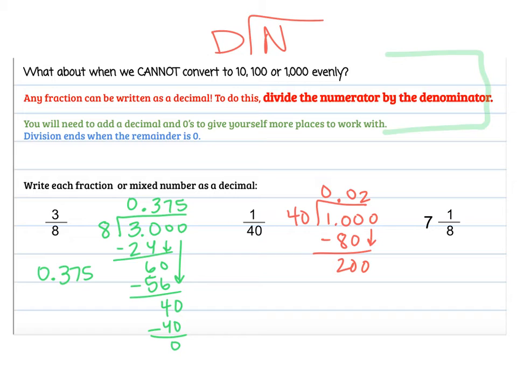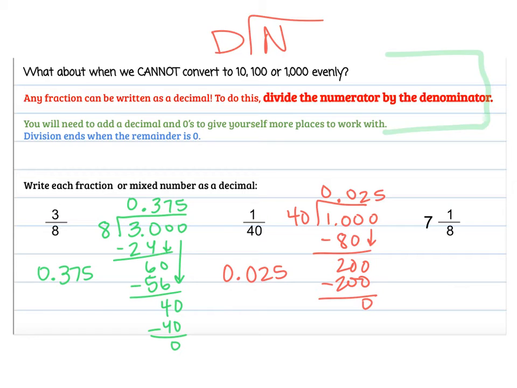Add a 0. So if I think of it, let's see, 40, 80, 120, 160, 200, that's 5 times. 5 times 40 was exactly 200. Nothing else to drop down, so 1/40th as a decimal is 25 thousandths.